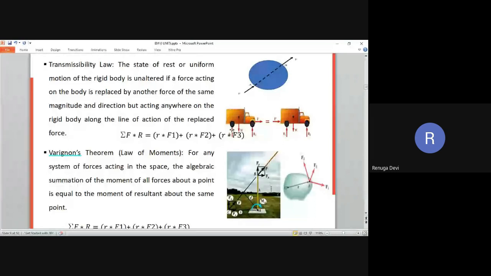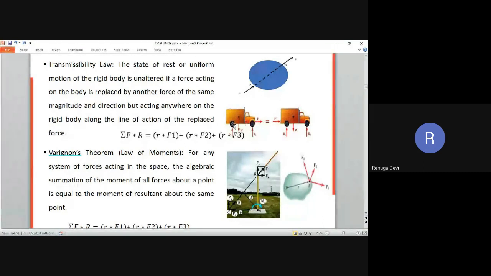So how is it helpful? If you take this particular body, so many forces are acting, but if you apply the transmissibility law, you can convert all these forces to a single point, in the same direction. Just see here, this force is replaced at this particular point, along the same line of action.